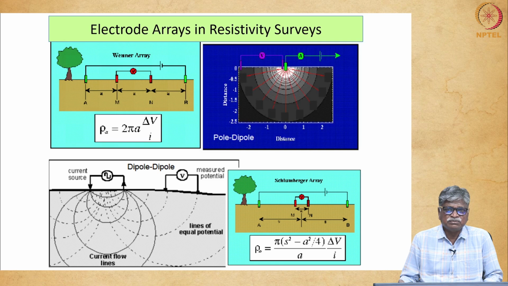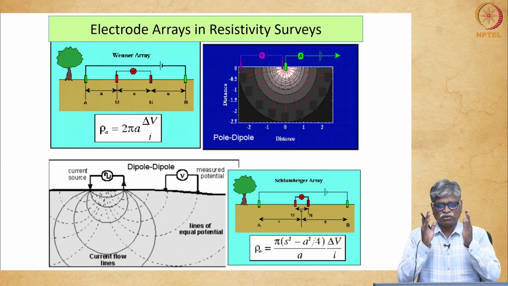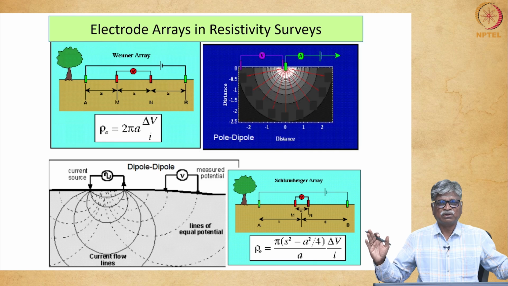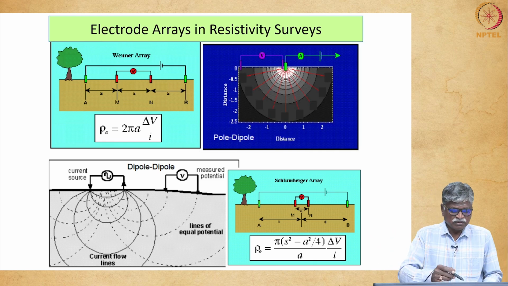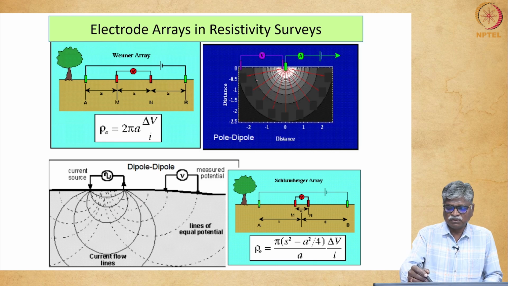We shift on both sides like that. As you shift further each time, the current penetrates deeper, going from C1 to C2 like that.